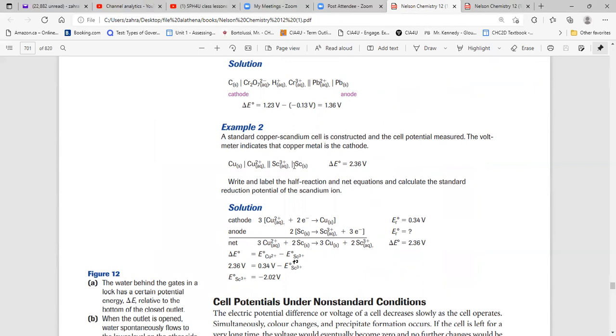We do not know what it is for scandium, right? And this is the question mark. And this is for the total reaction. We know cathode minus anode. So 0.34 minus the thing we don't know equals that. We are just finding the E for scandium. So it's going to be negative 2.02. This is what we write.